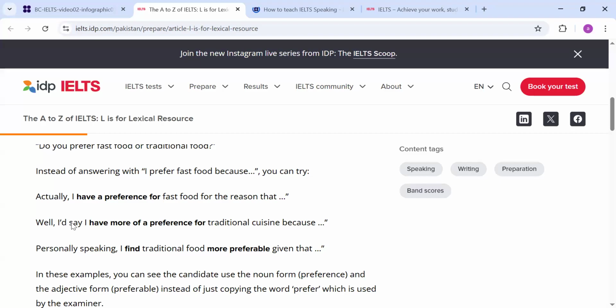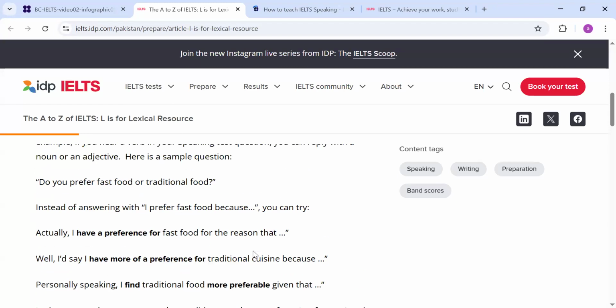Last week in Monday's class, we also discussed how we can improve our answer. What is the difference between a higher band student's answer and a lower band student's answer? The good answers are not repeating the same word again and again. They were actually using synonyms of that word. Instead of using the full word, they also use cuisine.